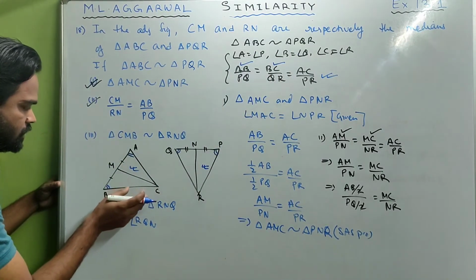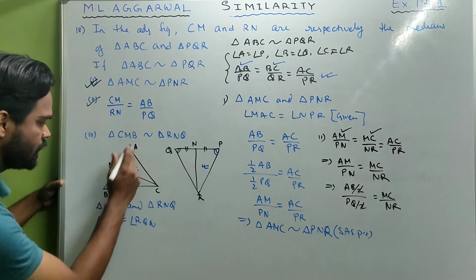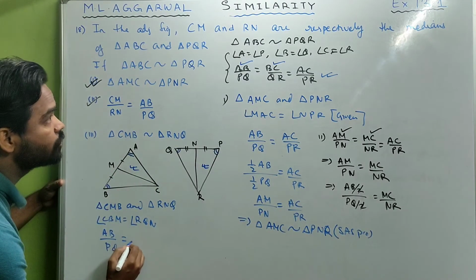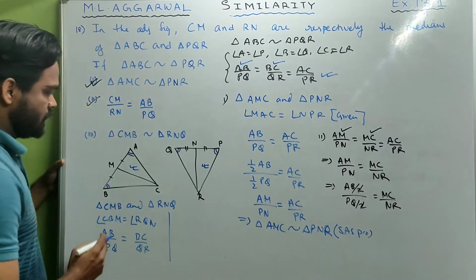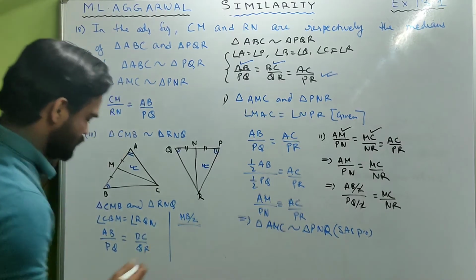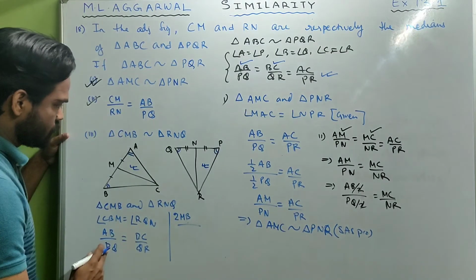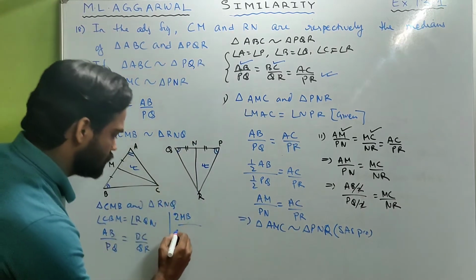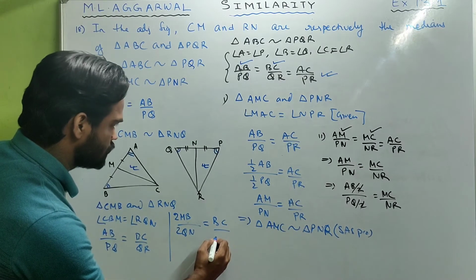And see, from here can I write AB by PQ equals BC by QR, which means instead of AB I can write twice MB, and instead of PQ I can write twice QN, equal to BC by QR.